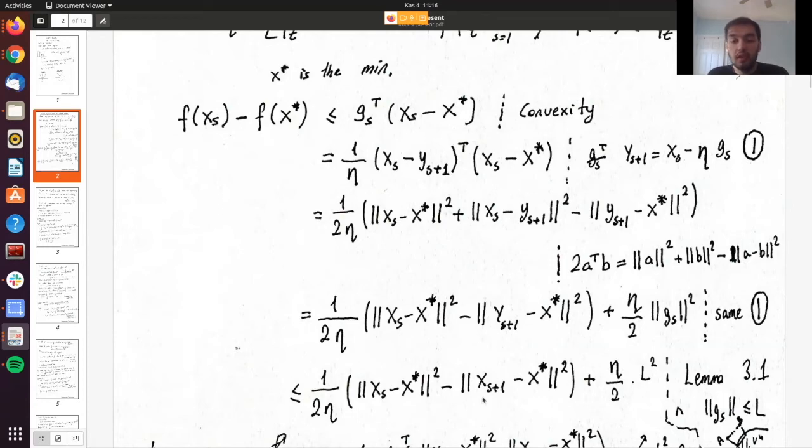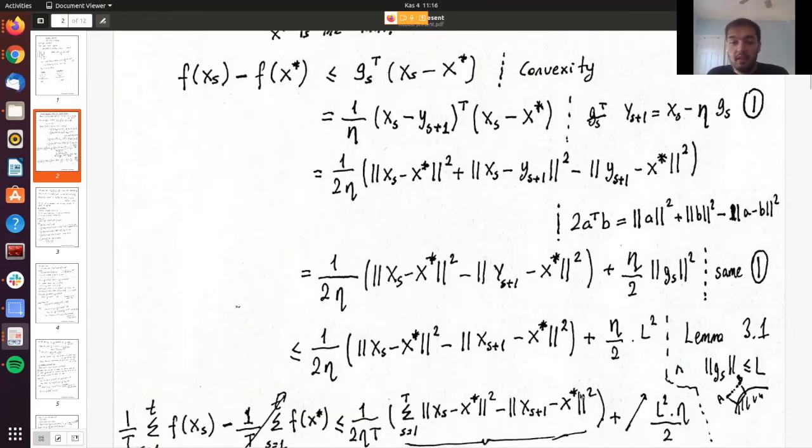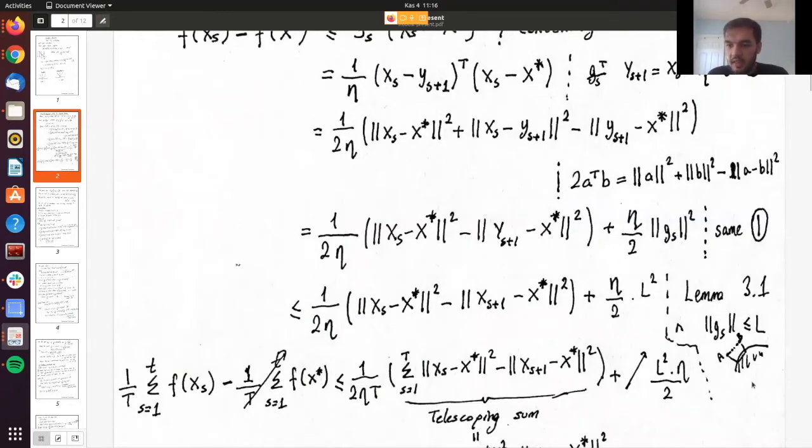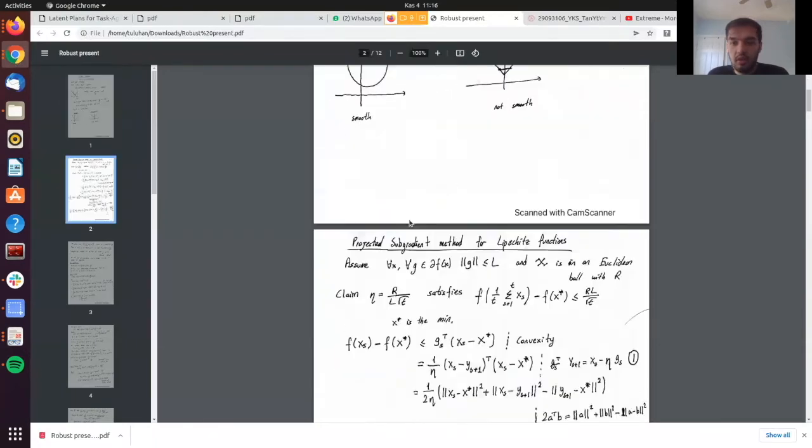We need to convert Y to X. To do that, we use the lemma: the distance of Y to a point in the convex set should always be bigger than the distance of the projected version of Y to that same point x star.